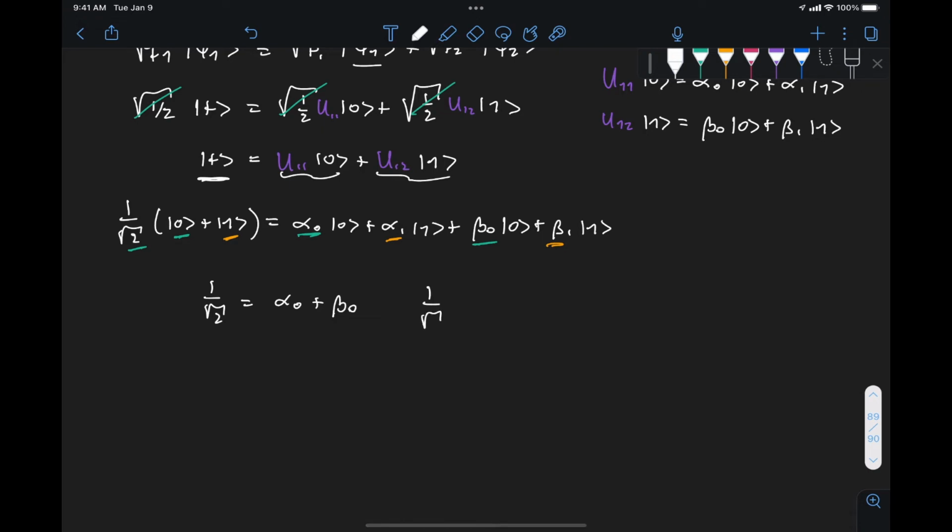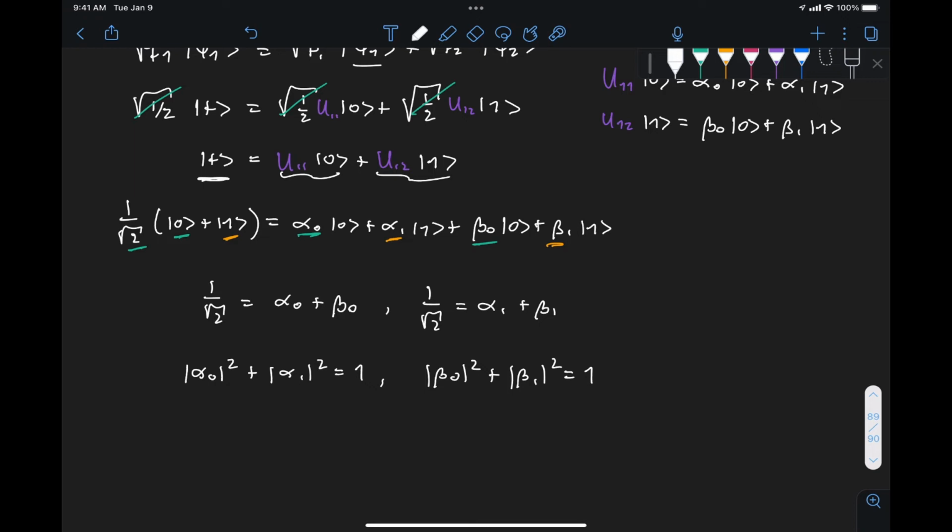And then 1 over root 2 has to be equal to alpha 1 plus beta 1. And then we also have our normalization condition, right? We know that alpha 0 norm squared plus alpha 1 norm squared must be equal to 1, and that beta 0 norm squared plus beta 1 norm squared must be equal to 1.